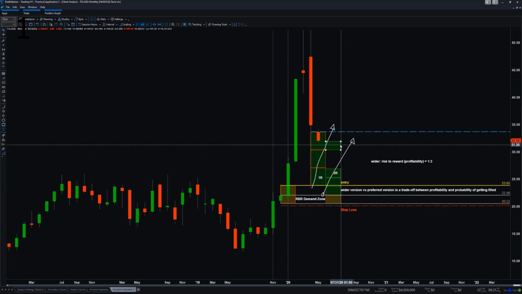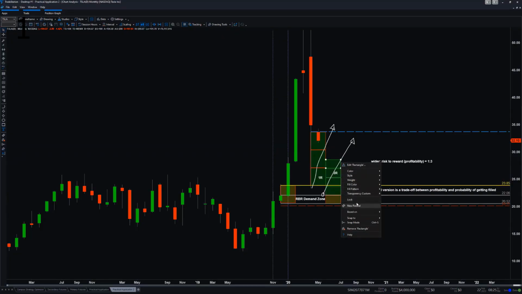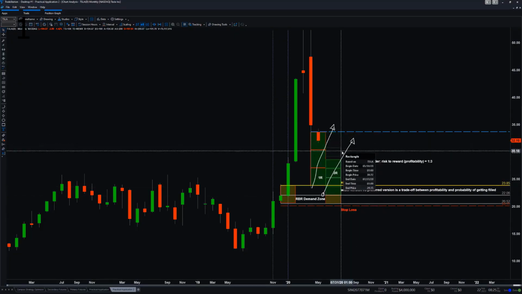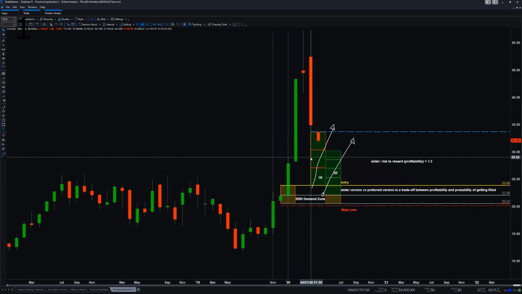Now new parallel 4, new parallel 5. So as we make 2 Rs here, we already made 5 Rs.